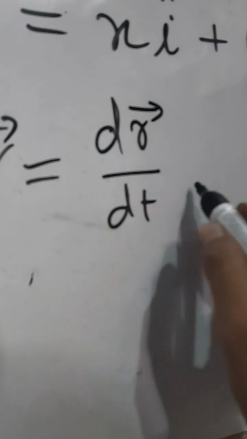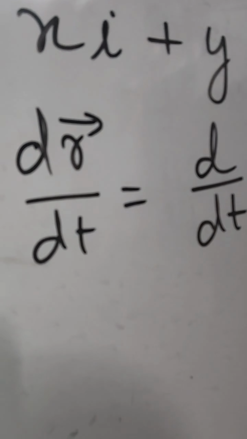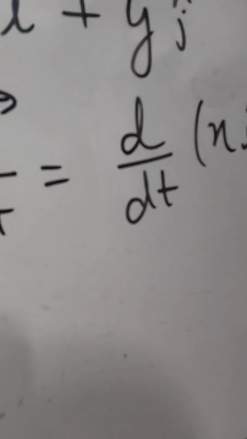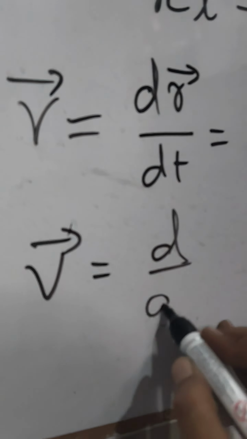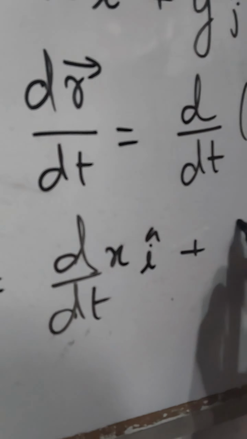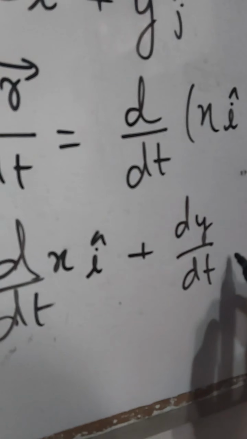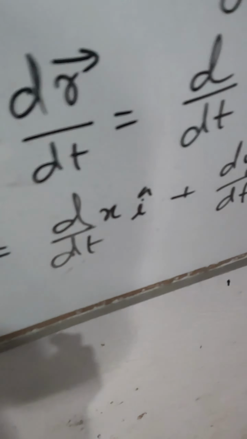Or d by dt of xi plus yj, or v equals d by dt of x i plus dy by dt j, and this will give you the velocity in terms of x coordinate, let's say vx in the i direction and vy in the y direction.